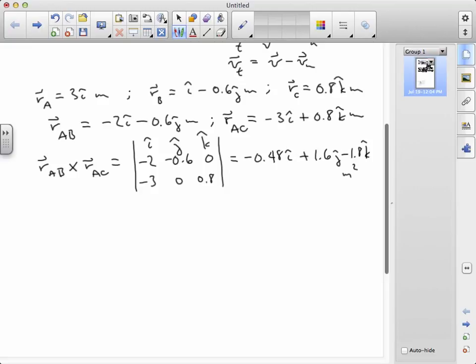The magnitude of that vector we can find from the square root of the sum of the squares of its components, and that turns out to be equal to 2.456 meters squared.